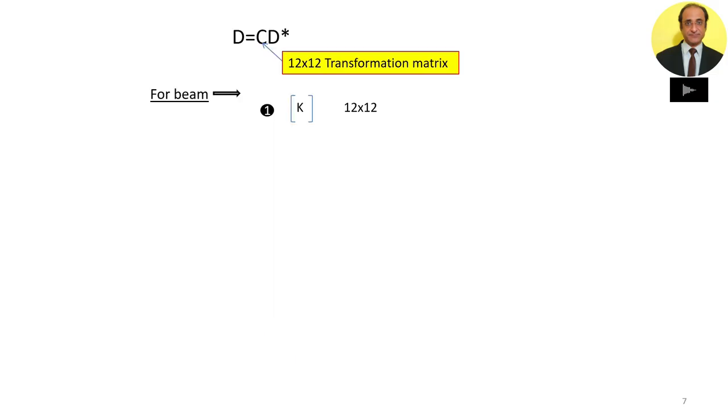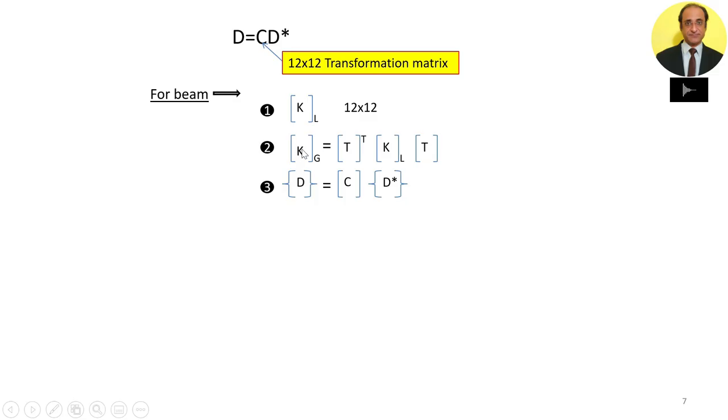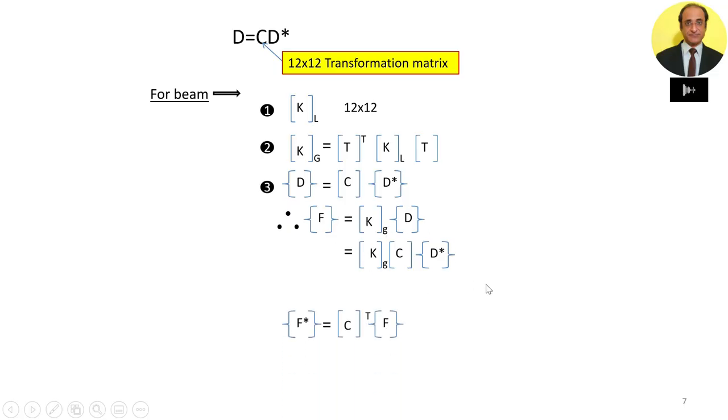Now once we have done this, we can now modify the 12 by 12 stiffness matrix of the member. So we have the stiffness matrix of the member in local coordinates, then we transform it in the global coordinates, and after this we introduce the displacement transformation, and then we introduce the force transformation.